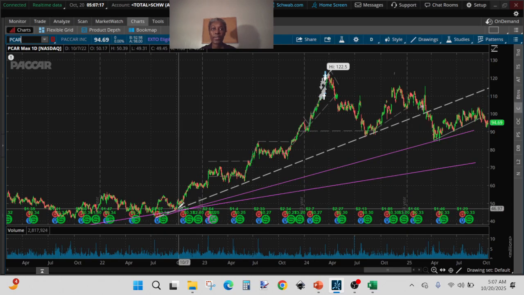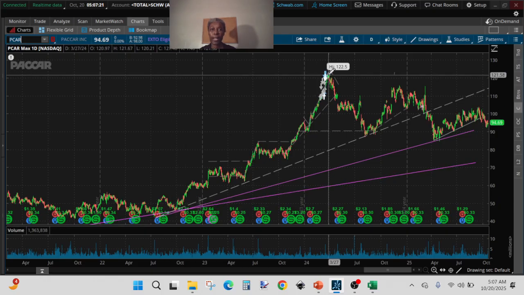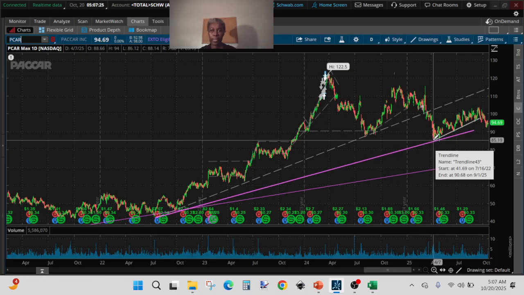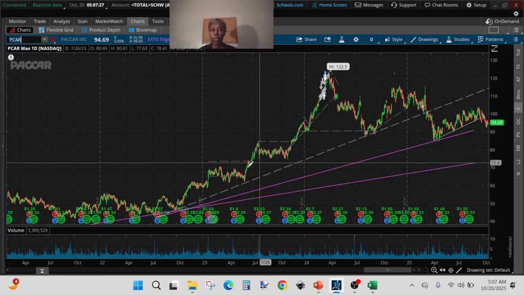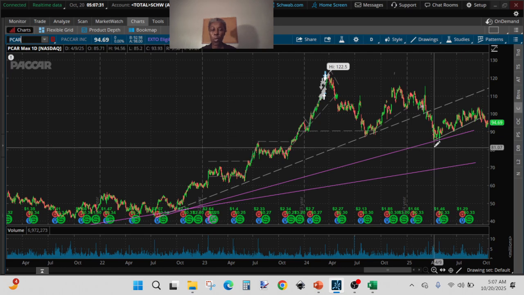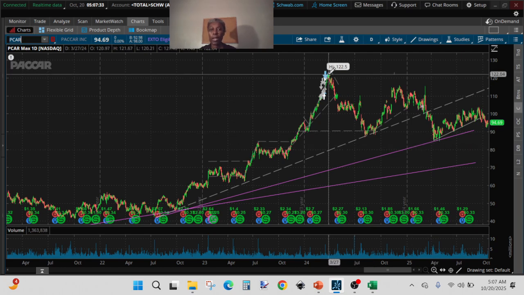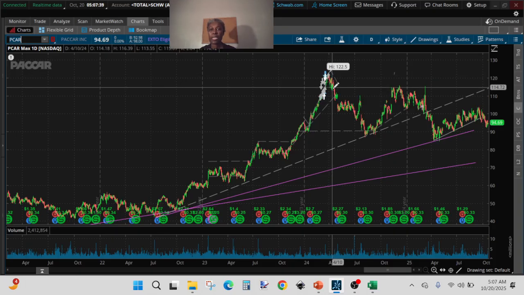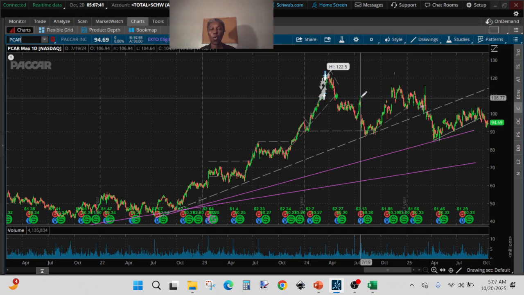So the whole circle is from that support line all the way to the highest peak and then back to it again. When you are looking at that whole circle, you'll notice that when it reached that highest peak, it started making lower highs.